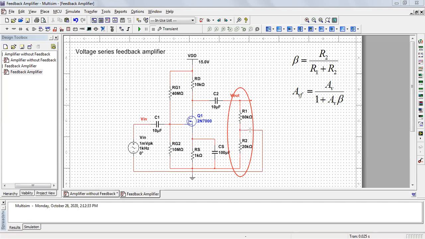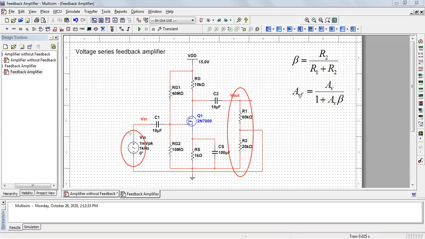And this voltage I am applying in series. You can see here this feedback voltage I am applying in series with my input signal. I am adding this fraction of the output voltage in series with my input signal Vin. Instead of saying adding, I will say subtracting because it's a negative feedback.